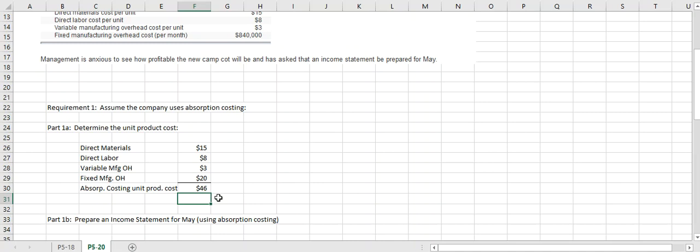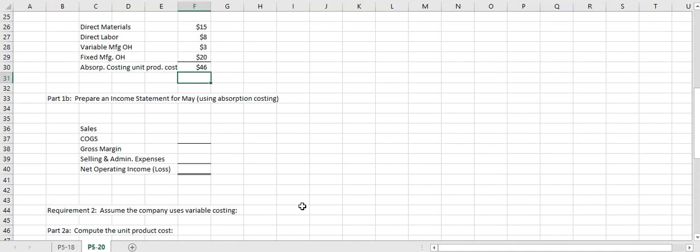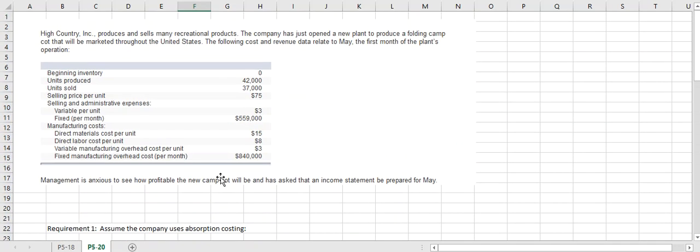So the next thing it says that we are to do is prepare an income statement for May using absorption costing. So we need a few things. We need to know our sales, our cost of goods sold, and our selling and administrative expenses. So let's see. We come back up here.